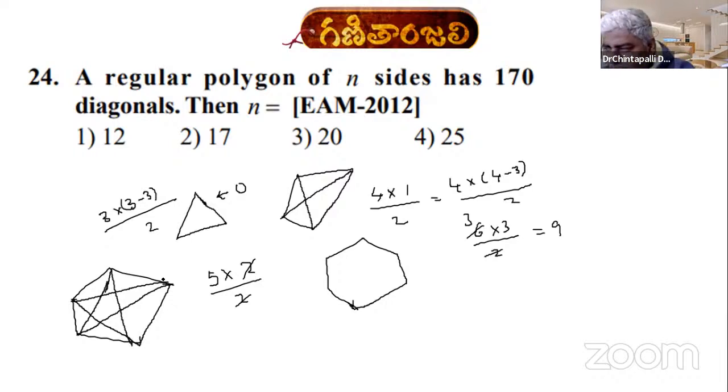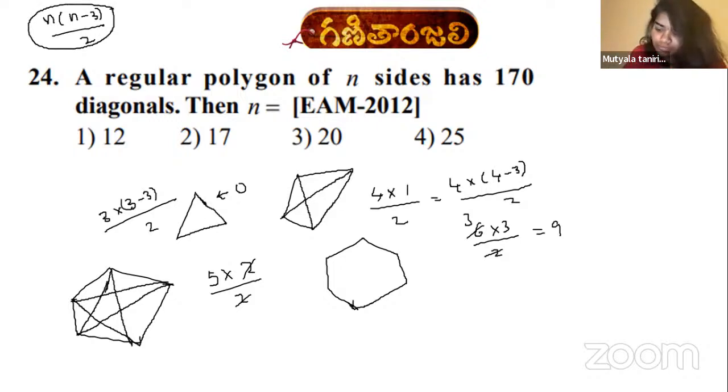A star came out of these diagonals only. A star is nothing but drawing the diagonals of a pentagon. Now the formula for the number of diagonals of a regular polygon is n into (n minus 3) by 2.